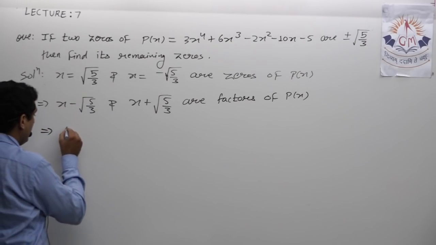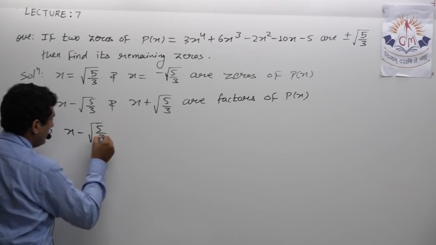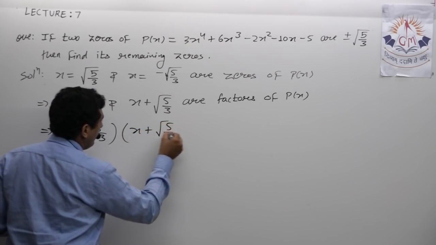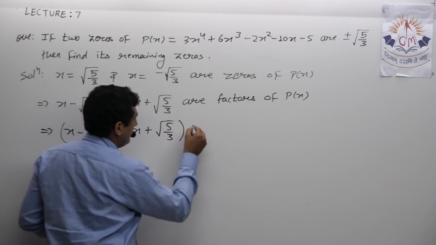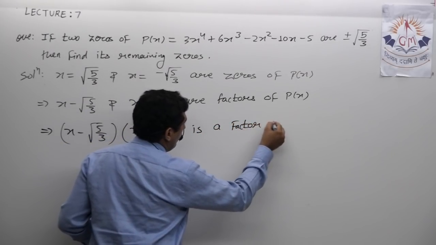So here again I can say, therefore, x minus root 5 by 3 multiplied by x plus root 5 by 3 is a factor of p(x).